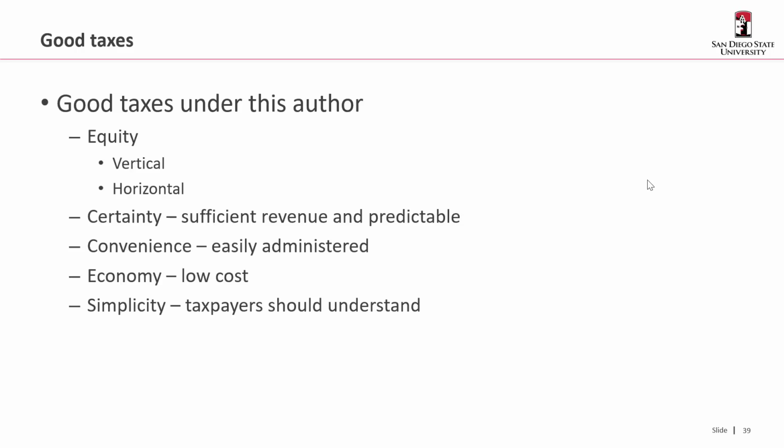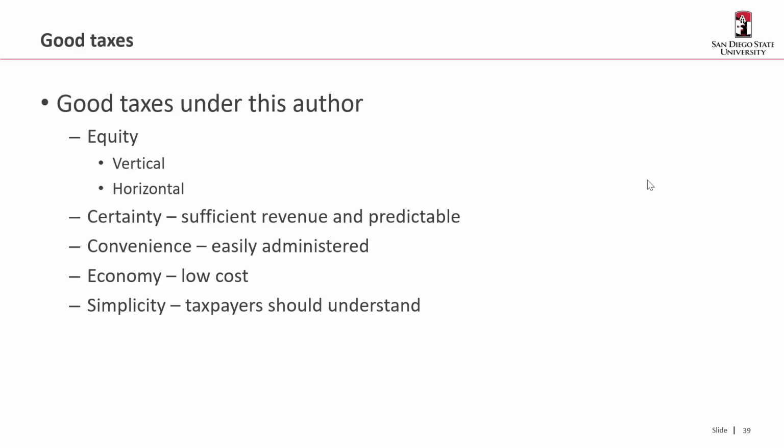So as a result, vertical equity is based on this notion of ability to pay. I'm not going to break down ability to pay extensively, but if you're interested, there's plenty of tax policy research on the notion of ability to pay being an important part of equity when it comes to trying to characterize a good tax.